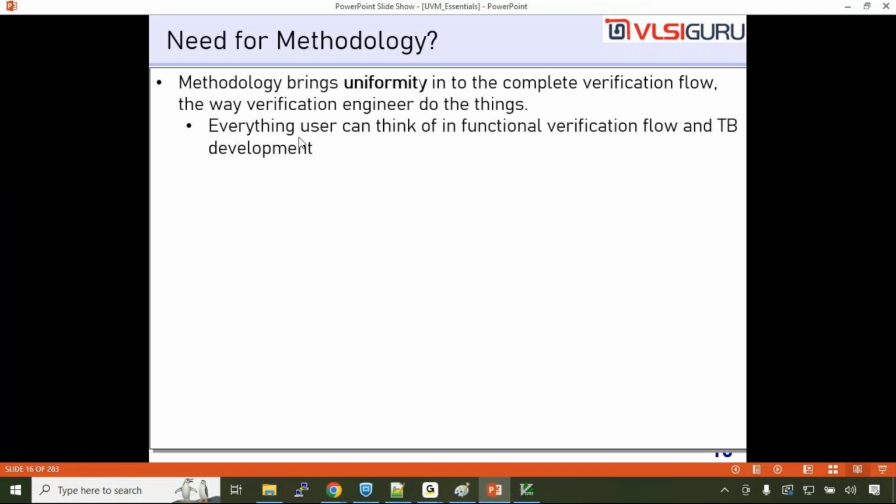Everything a user can think of in functional verification flow and test bench development is already documented. If you ask me how should I print a message in SystemVerilog, how will you do it? $display. In UVM, we use something else. All those things are properly given as guidelines.